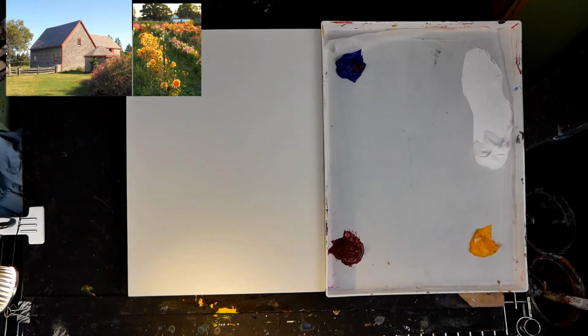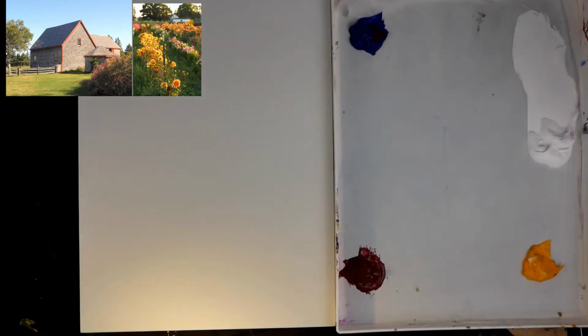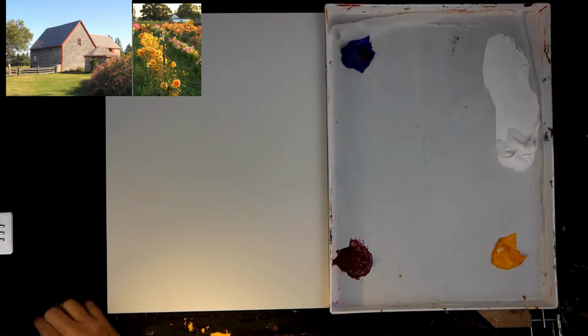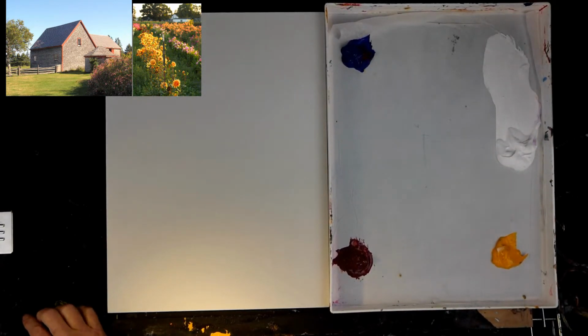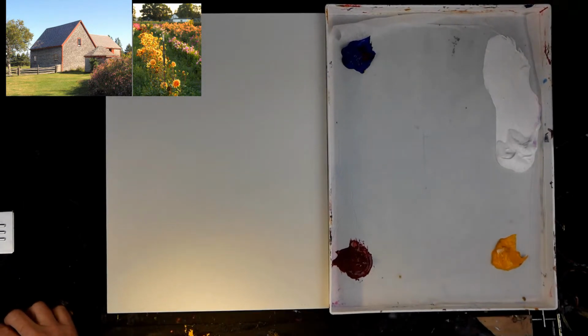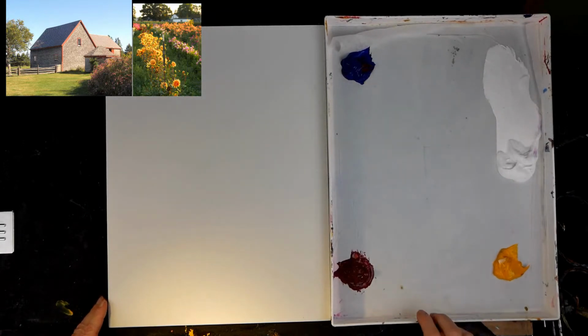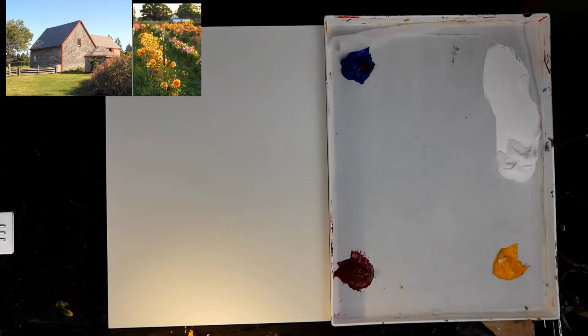There we go. Sorry, this is taking me a little bit of time to figure out. I don't know why, I guess it's just the complexity of everything. There we go. So now we're working on this.